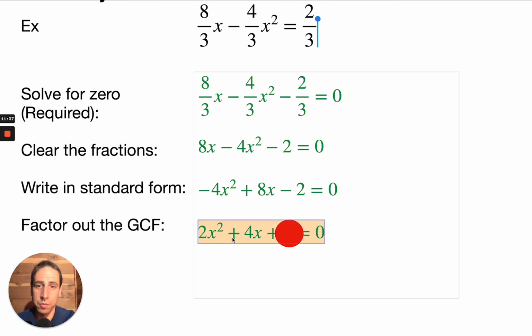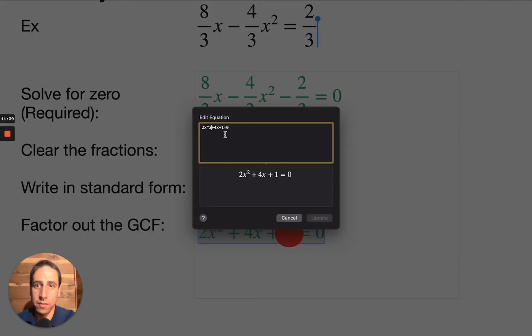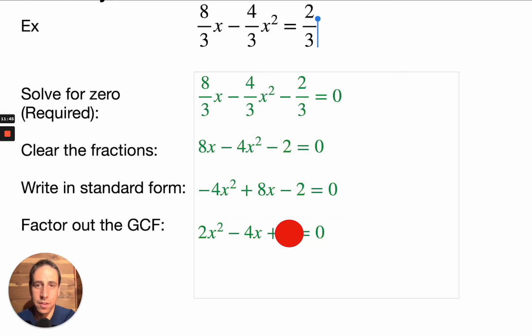This would be negative, and this would be positive. So we get 2x squared minus 4x plus, and I'll let you figure out what that number is, what's underneath the red dot. So these numbers are way easier to plug in than all the others, and that's what I recommend before you jump straight to the quadratic formula. Do your preliminary work.